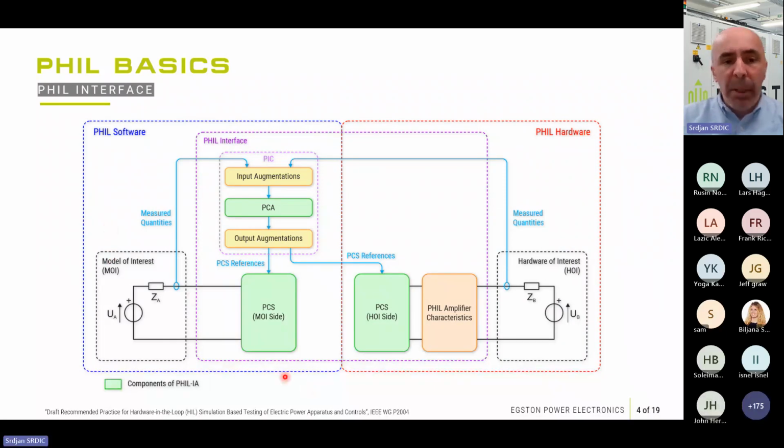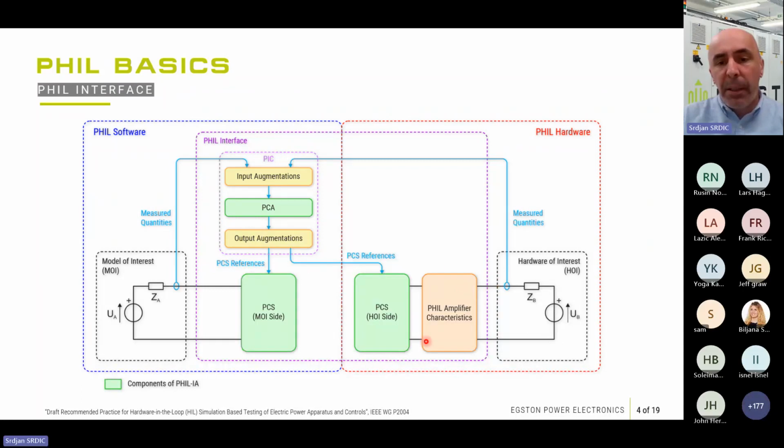Both of these groups have their own P-HIL control structures, and both of those control structures are getting their input from the interface algorithms. The control structures provide the set points for the interface to the exact model of interest and to the hardware of interest on the other side.